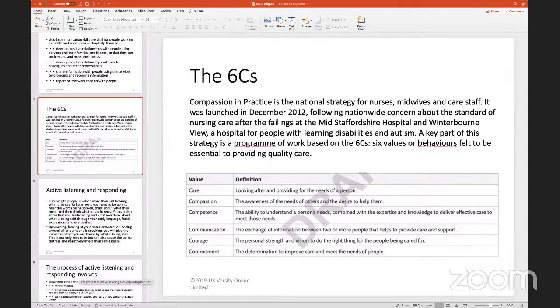So care means looking after and providing for the needs of the person. Compassion means you have the awareness to be able to understand the needs and desires of others while providing this care. Competence is that you have had enough training and you have the skills that are required to be able to effectively perform in your job.